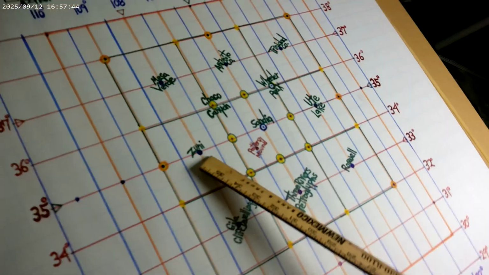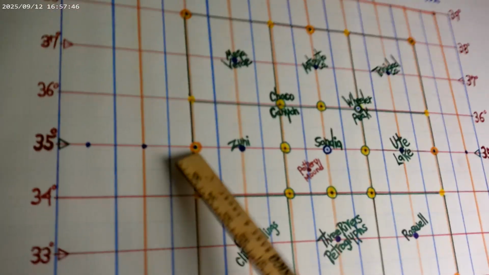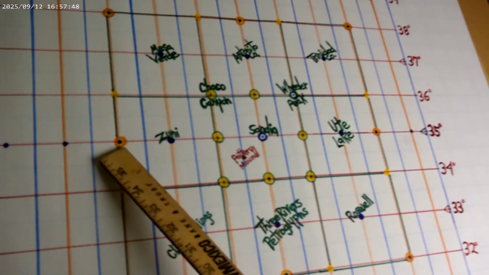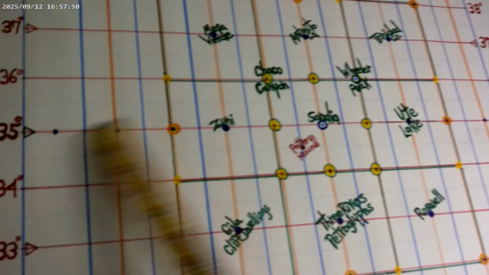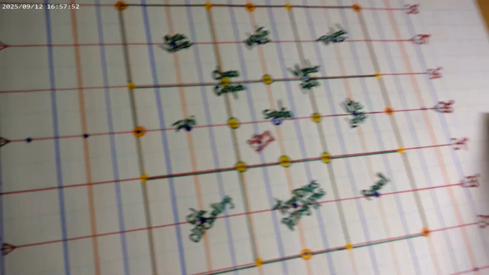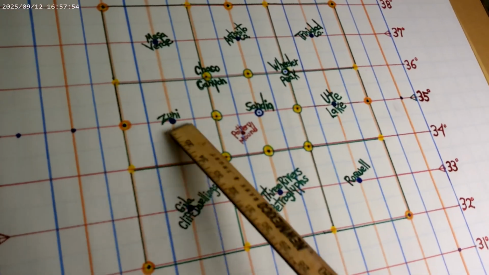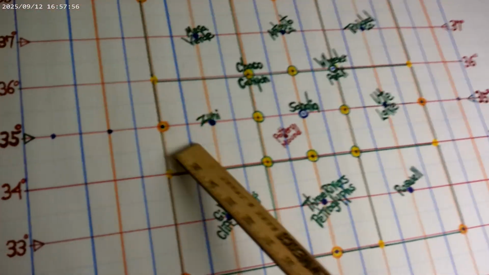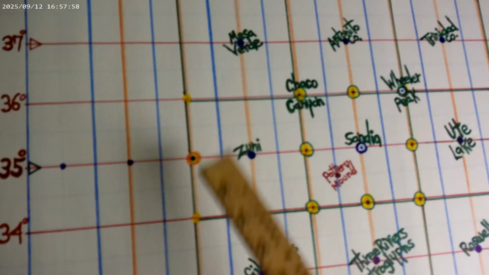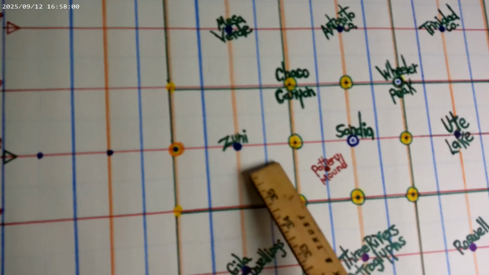But I can understand. Well, I left off here at Zuni. See that orange right there and that orange right there? That's the edge of the trade zones, between the trade zone from Zuni and the next zone. But we'll get there in a second. Zuni controlled this trade area for these 2 latitudes and 2 longitudes.